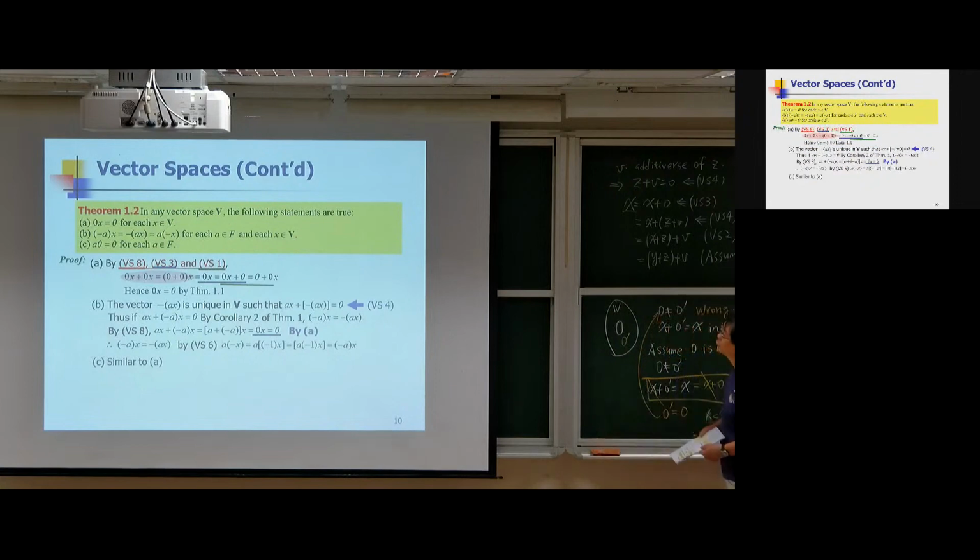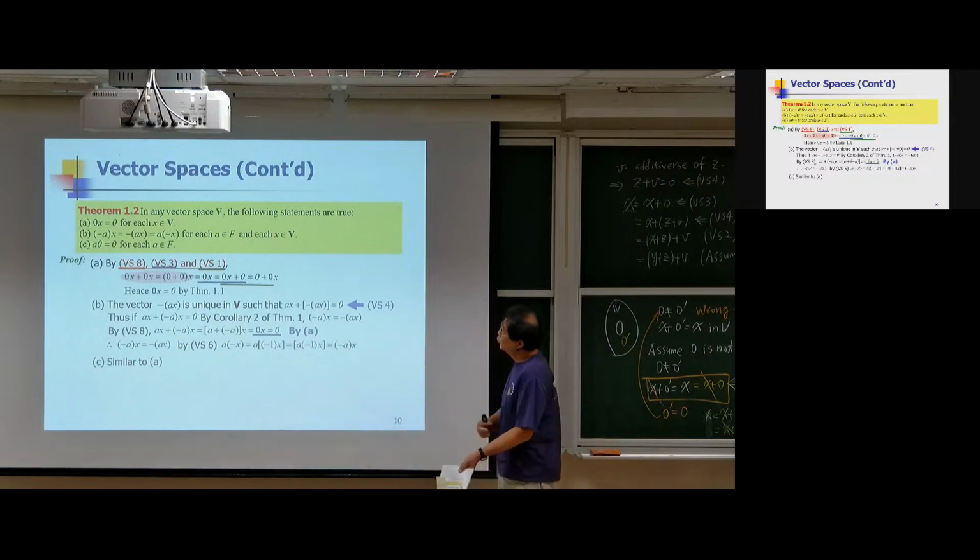So then we're going to discuss theorem 1.2. Okay, so for theorem 1.2, in any vector space V, the following three statements are true.